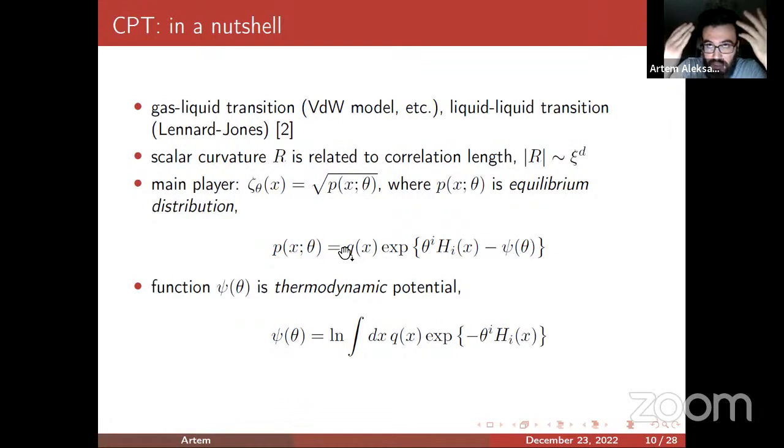And the main statement is that we can always parameterize our probability distribution for classical phase transition as a member of the exponential family. It is a very important fact. And we can always construct the function psi, which is simply the thermodynamic potential, and so the statistical manifolds of probability distributions for classical phase transitions are, in some sense, quite simple.